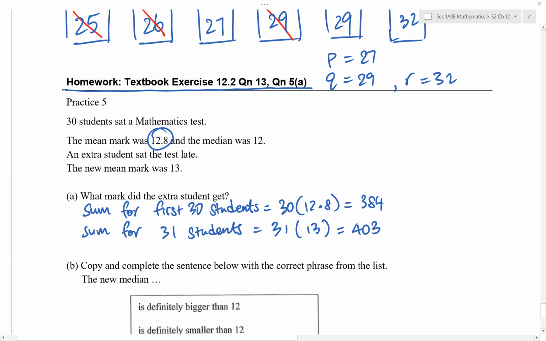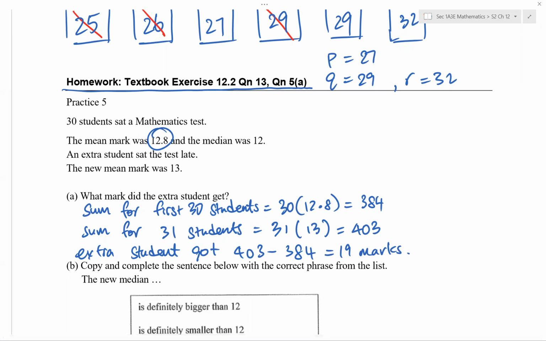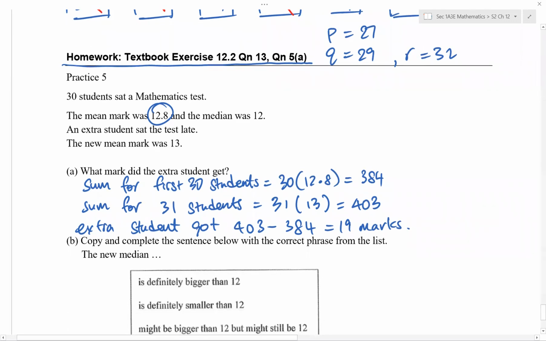So this implies that the extra student got 403 minus 384, which is 19 marks. Okay. Now, as expected, his mark was more than the mean for the first 30 students. That's how he pulled up the mean for the entire class now to 13.